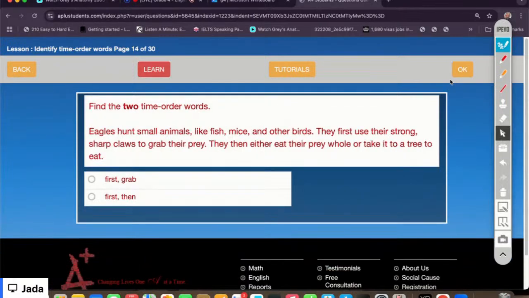So, we have eagles hunt small animals like fish, mice, and other birds. They first use their strong, sharp claws to grab the prey.